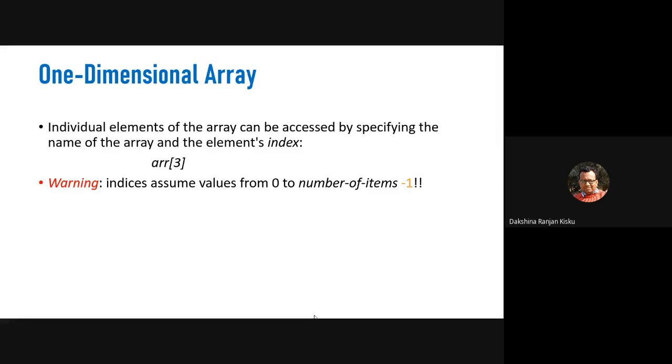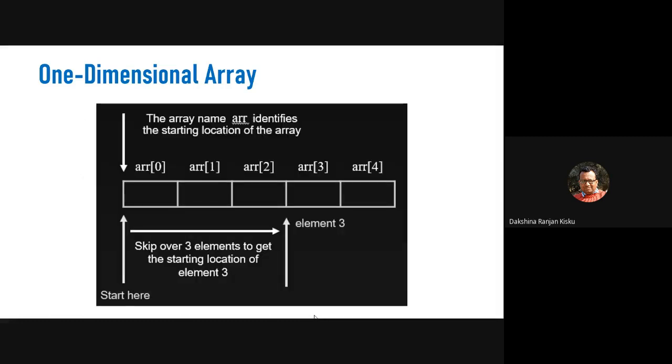Individual elements of the array can be accessed by specifying the name of the array and the element's index. If arr is an array, we can write arr[3]. When we write this, we specify the third element in the array. Here indices assume values from 0 to the number of items minus one. The array name identifies the starting location of the array.